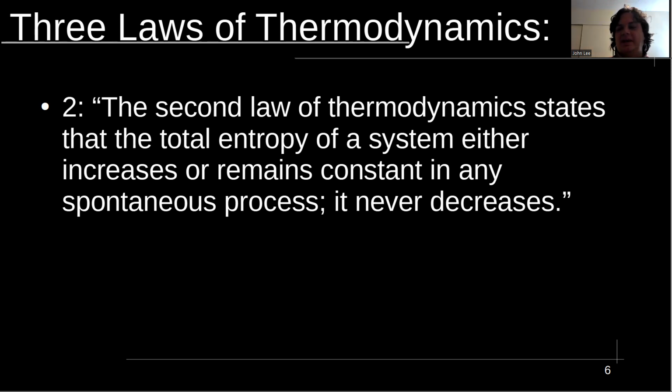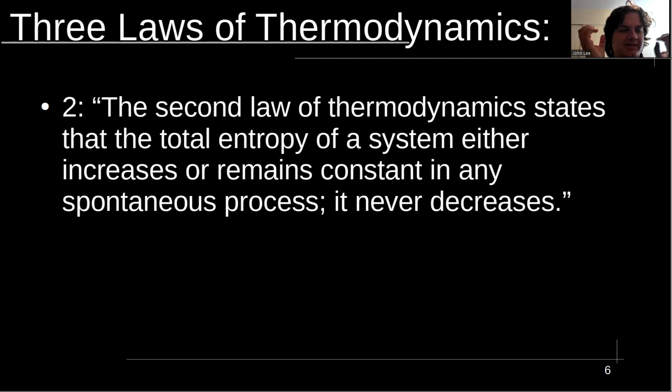So basically, in any spontaneous process, so anything randomly happening that doesn't have outside work being put into it, the system is always going to be more disordered. So if you knock a glass off a table, then that glass will fall and break into 100 different little pieces, and it's going to become more disordered.